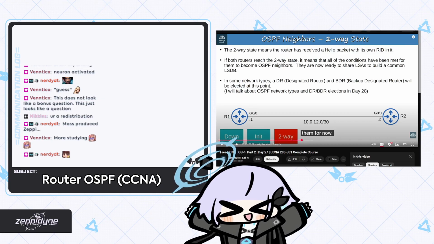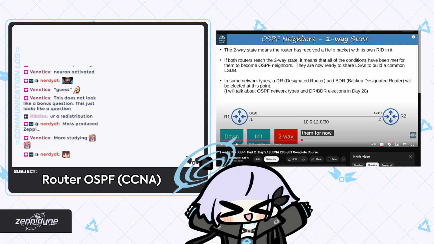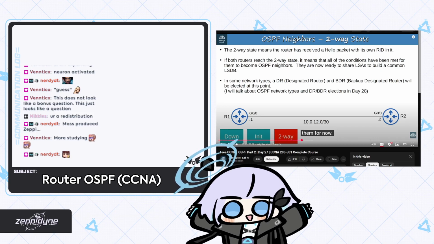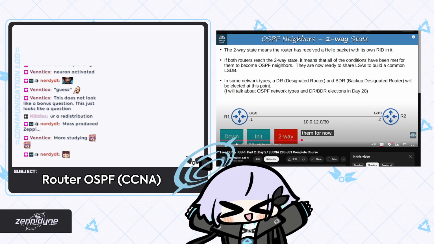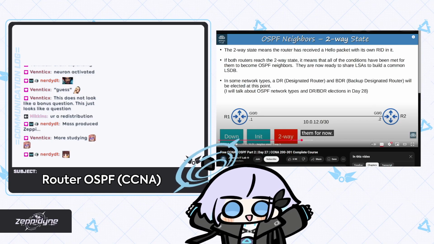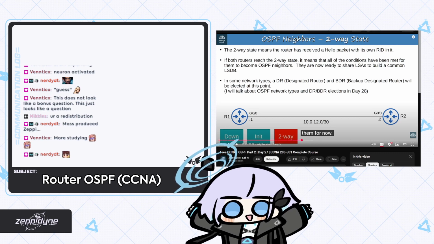But this time it's usually determined by router ID, if I'm not mistaken. Let me check my notes. Let's see here. Yeah, highest router ID or highest OSPF process ID. That's how they do it.